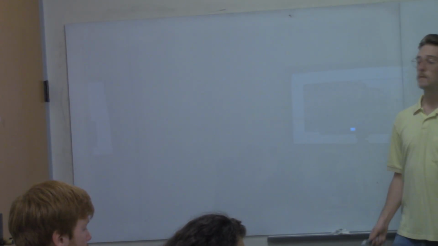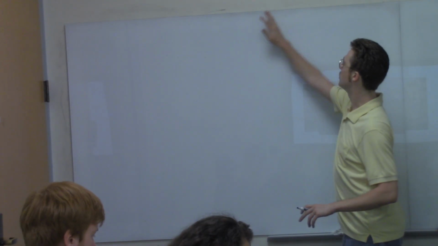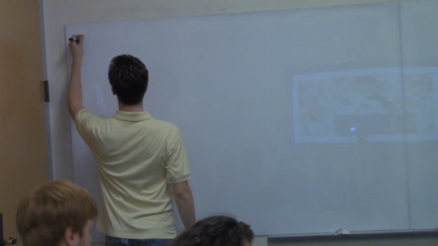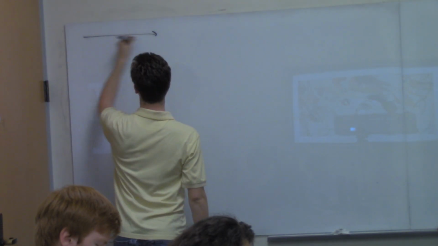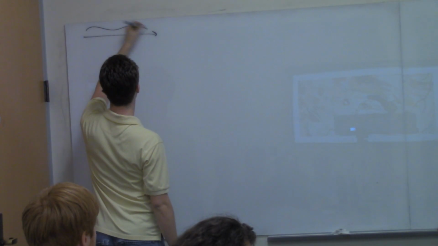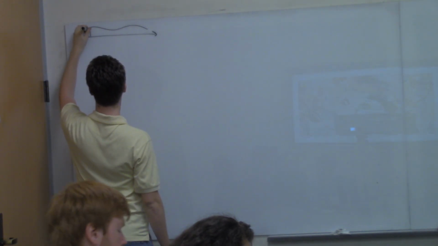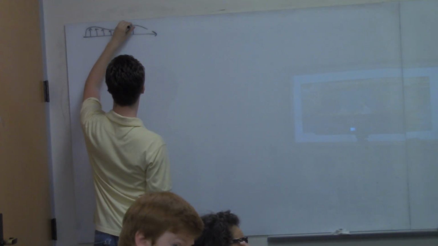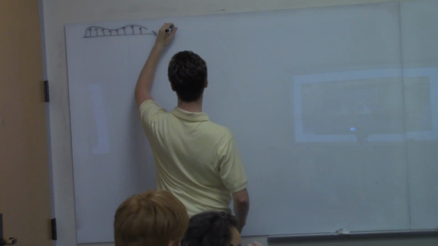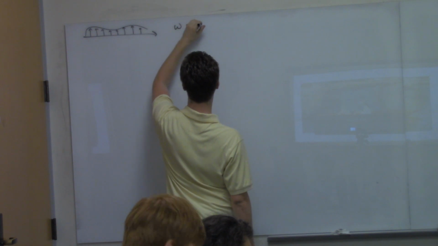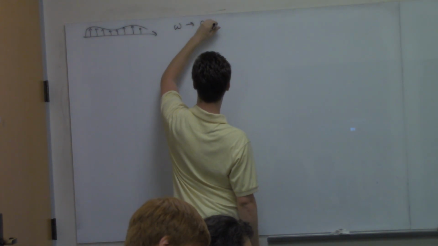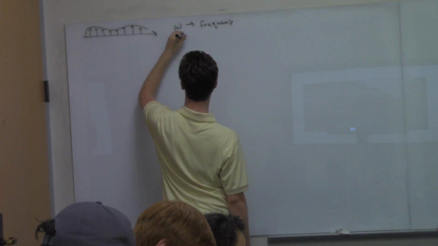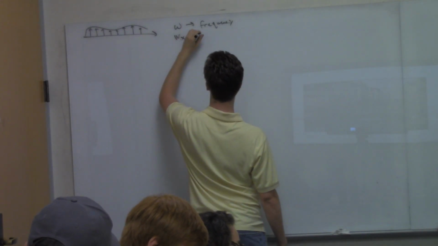And in this case, since we have a function distributed over the length of something like a string or a beam, it's going to be the profile of displacement. So the mode shape is essentially the whole w of x that we end up with. So omega is frequency, and w of x is going to be our mode shape.